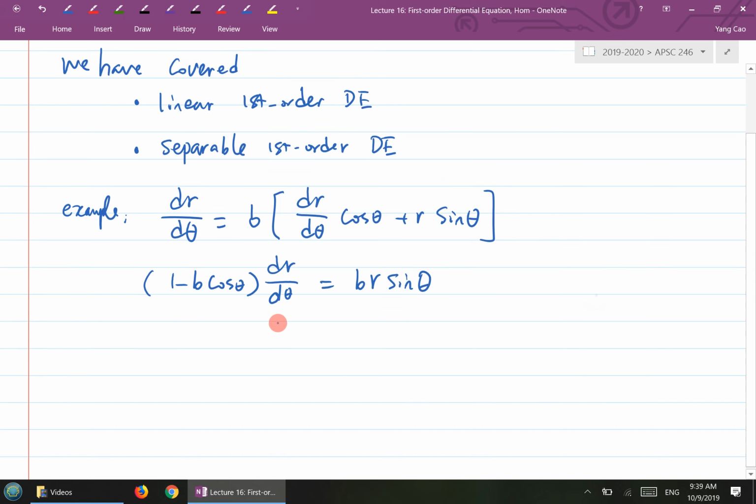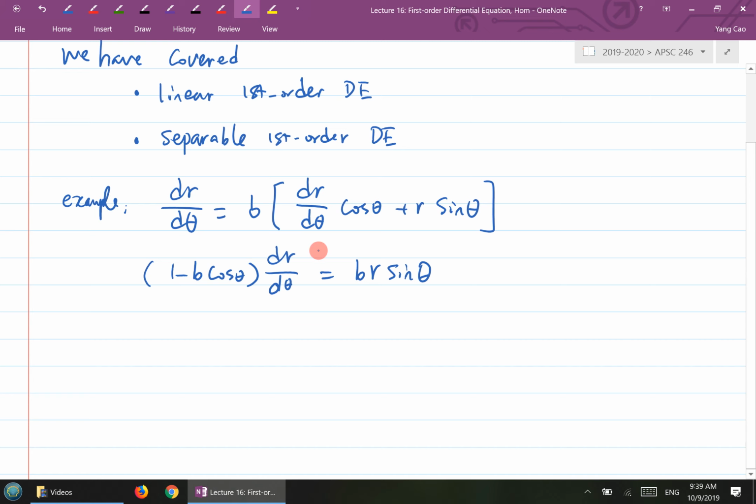Once you get this, you can clearly see you could write dr over d theta equal to b times r sine theta over 1 minus b cosine theta. And that actually is a separable equation. If I separate out the r, you have essentially two parts of the function here: a function of theta and a function of r.